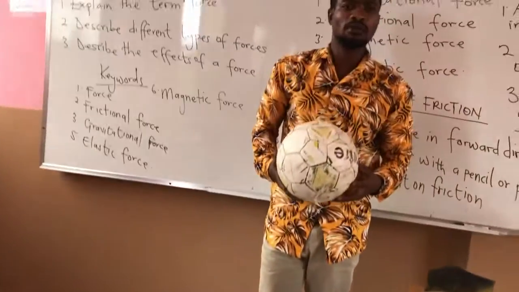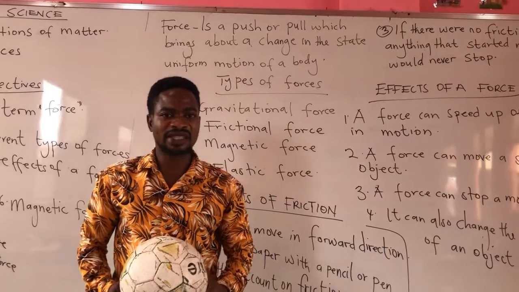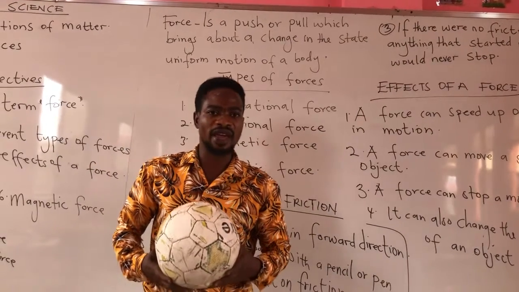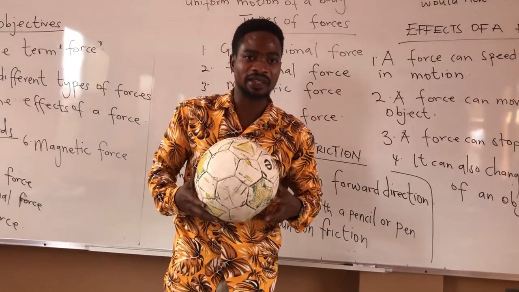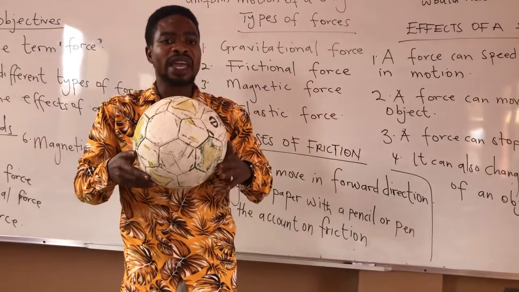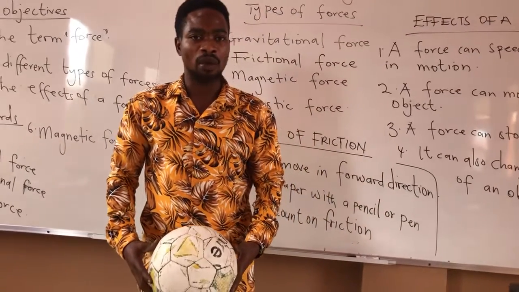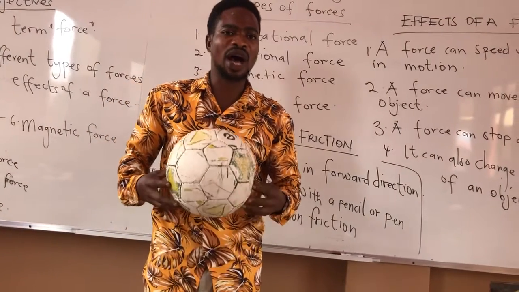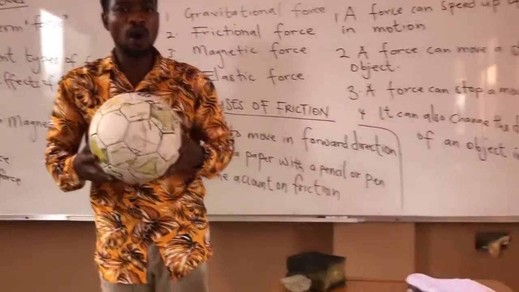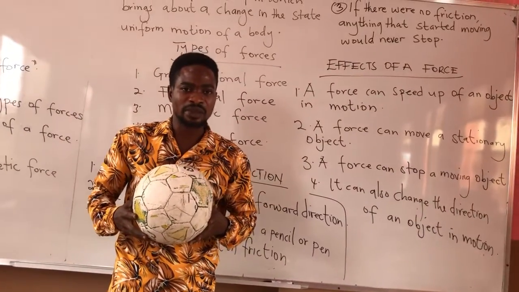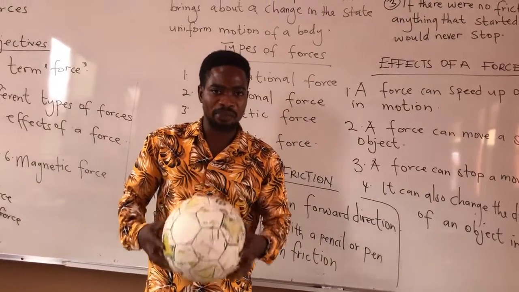This force exerts on any object or body that is lifted or raised in the air. Because of the force of gravity, the ball will hang in the air for a second and then pull down. This force will not allow any object that is thrown in the air to hang there for long, because the force of gravity will exert on that object and bring it down.